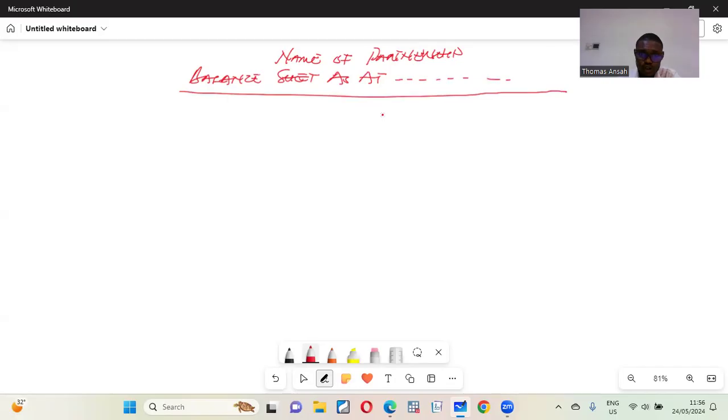So we create 3 columns. So don't forget we have our fixed assets. We create what? Costs, accumulated depreciation, and what? Net book value. We bring in our currency signs. Never forget that so that you don't lose ticks.